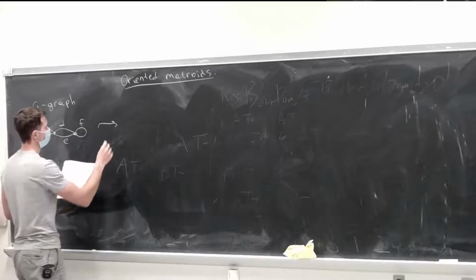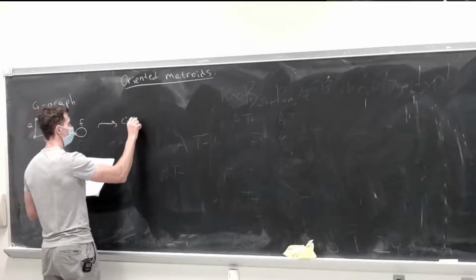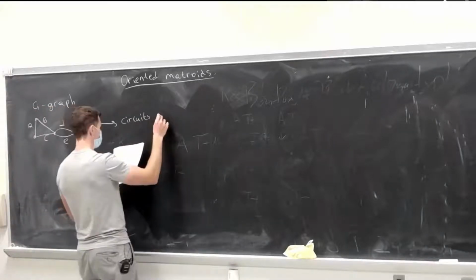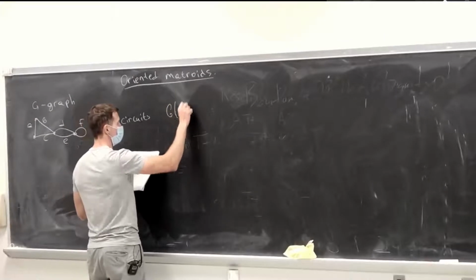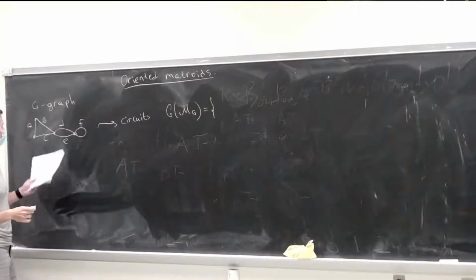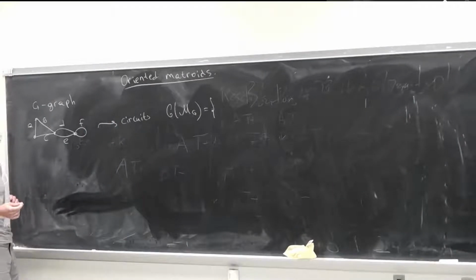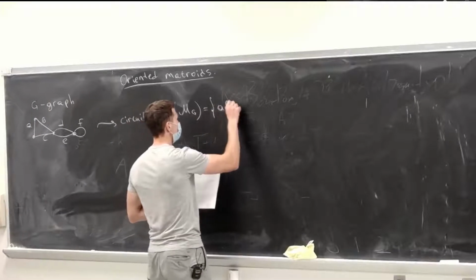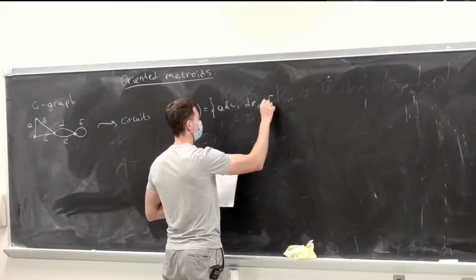For example, I can consider the circuits of the usual matroid of G. Can you tell me the list of circuits for this one? A, B, C, and D, E, F. Okay.